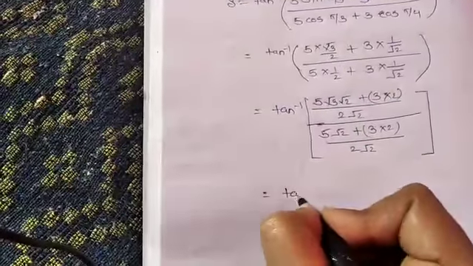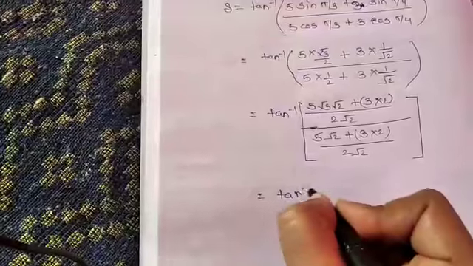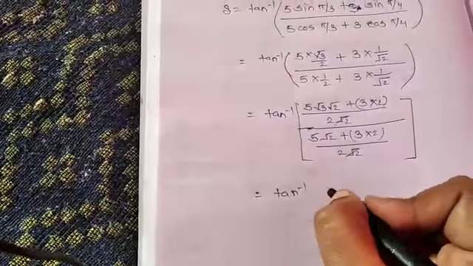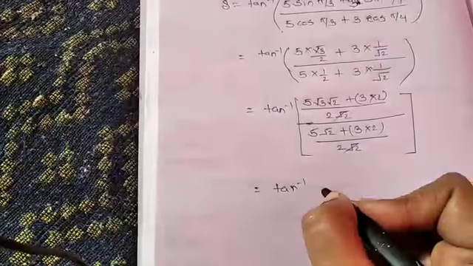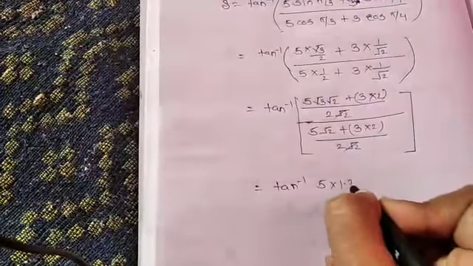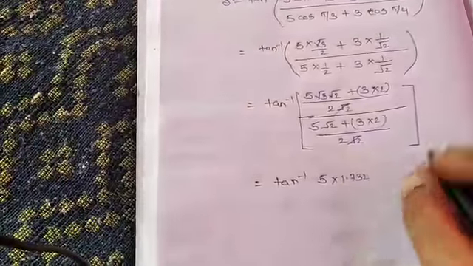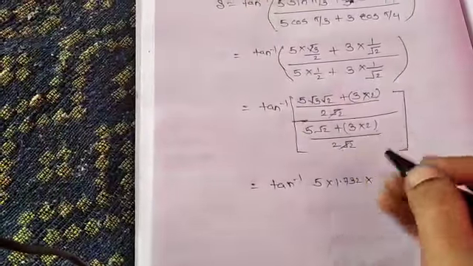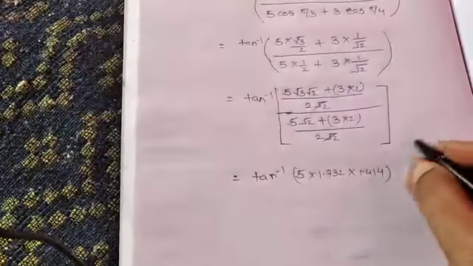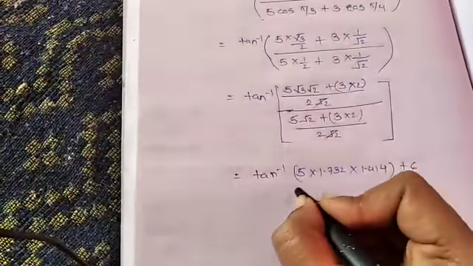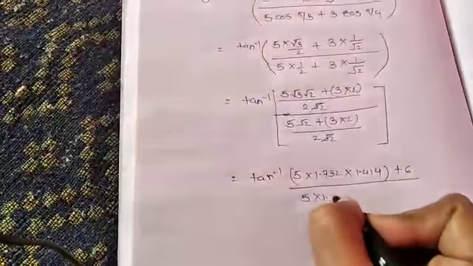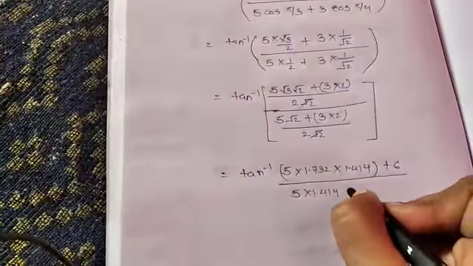Then it becomes tan inverse of 5 into 1.732, root 3, into 1.414, root 2, plus 6, divided by 5 into 1.414 plus 6.